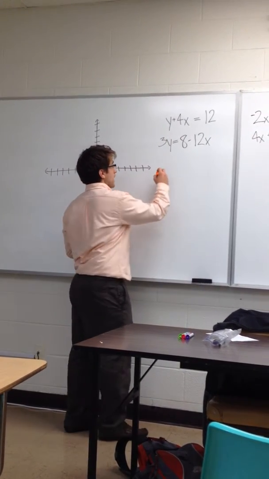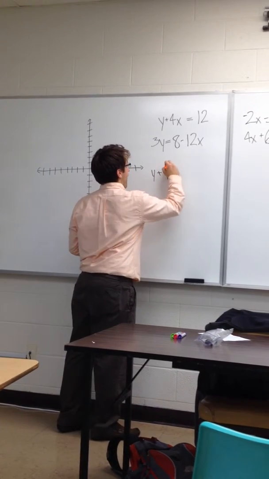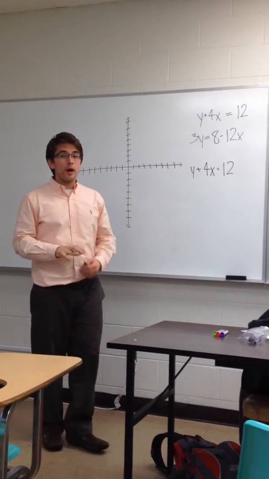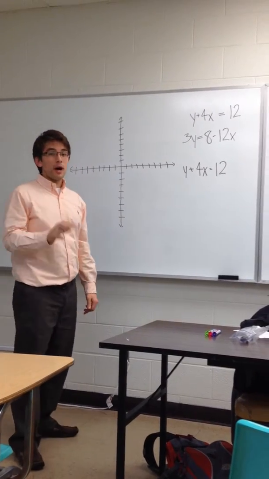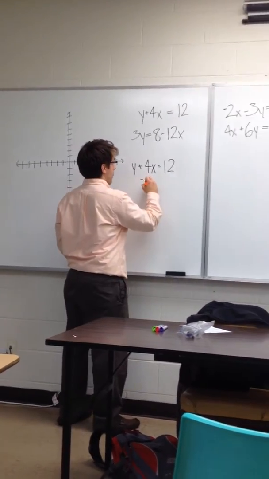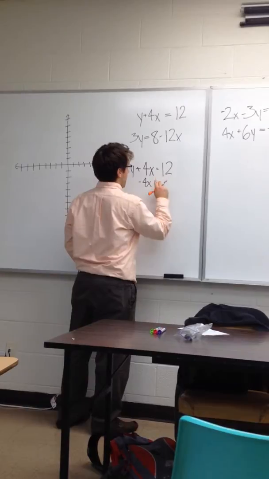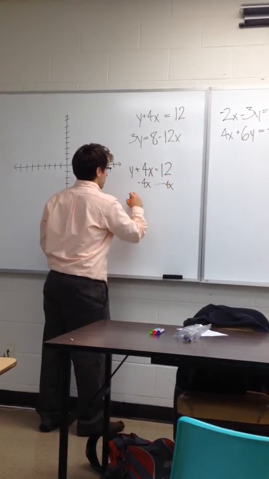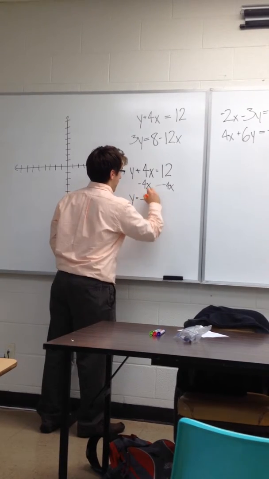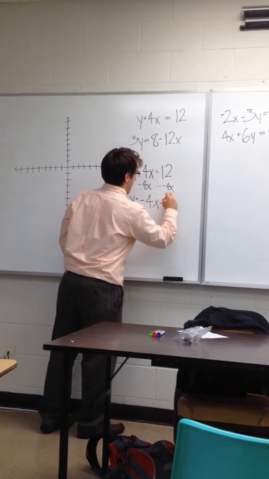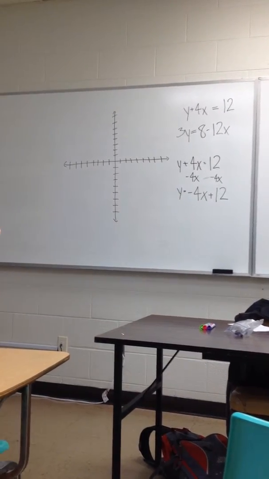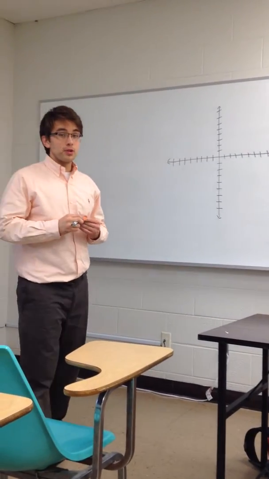I'm going to subtract the 4x to the other side so I can get the y completely by itself. Now what I'm left with is y is equal to negative 4x plus 12.